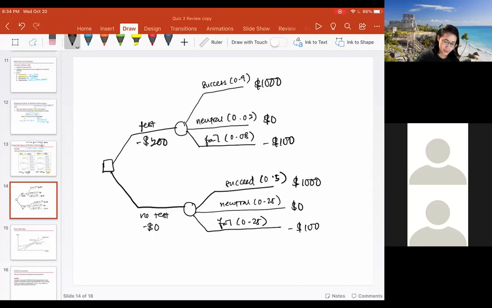So if you calculate the expected value here, with perfect information, say this is not given, but the EMV of no test is 500.